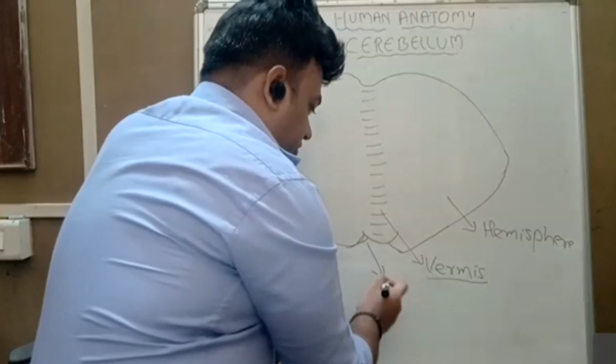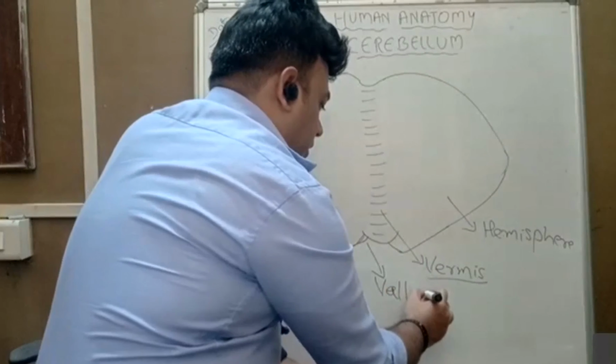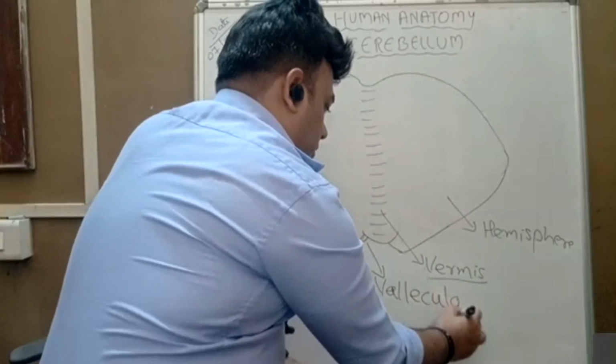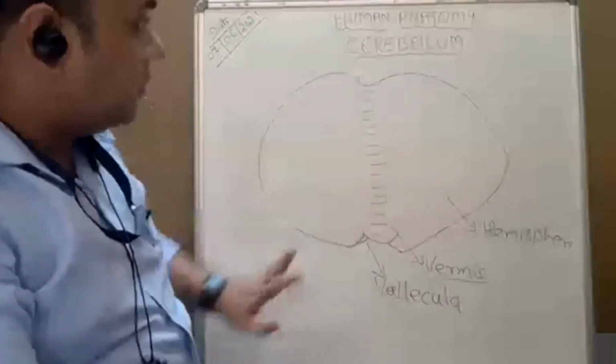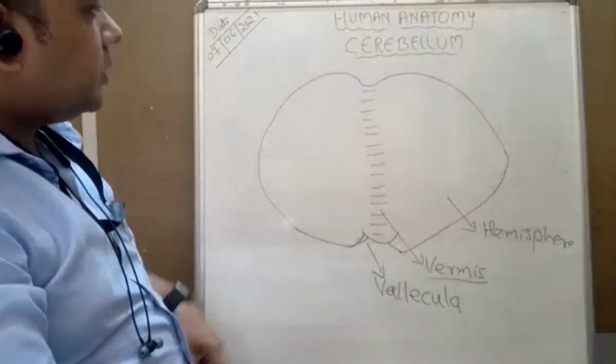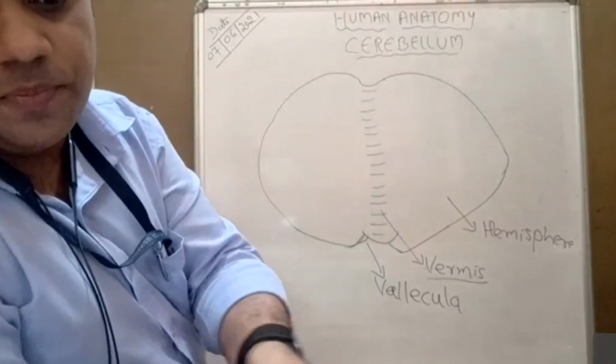This fissure or notch is known as the vallecula. So that is one feature. Now, it has divisions by three primary fissures.